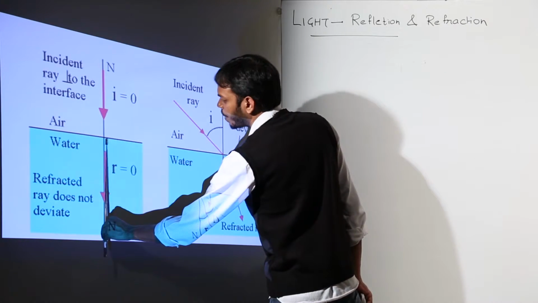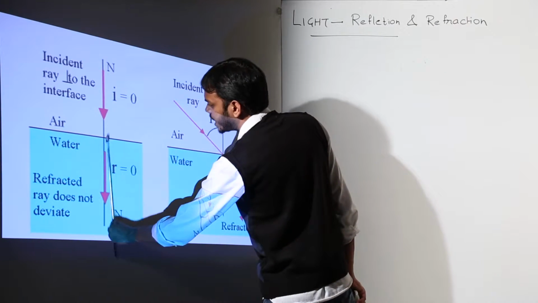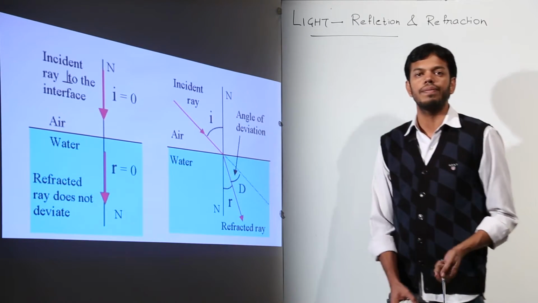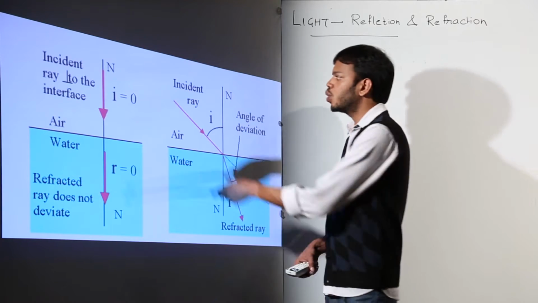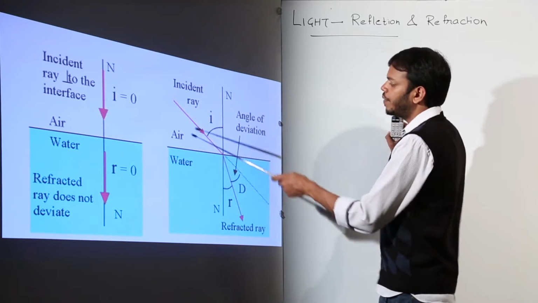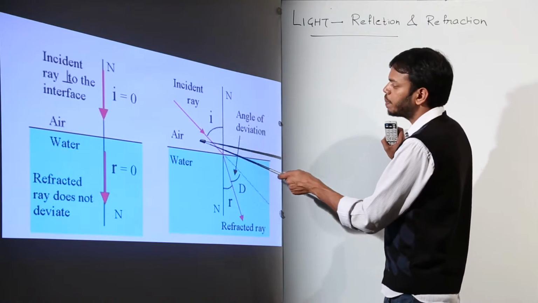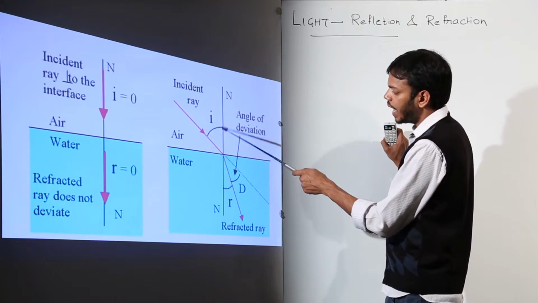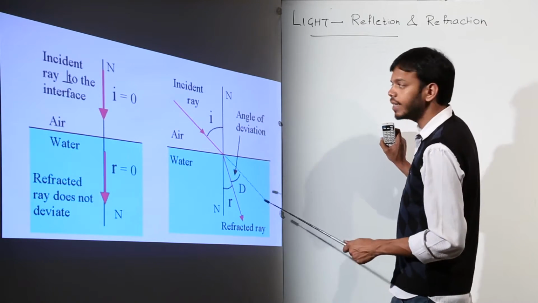Either it will be coming out of the paper or going inside. That means the refraction happening won't be visible to you. That is why some books just write that there is no refraction when light travels along the normal, whereas a visible refraction is the case when there is a proper angle between the normal and the incident ray, so angle i will have an angle r.